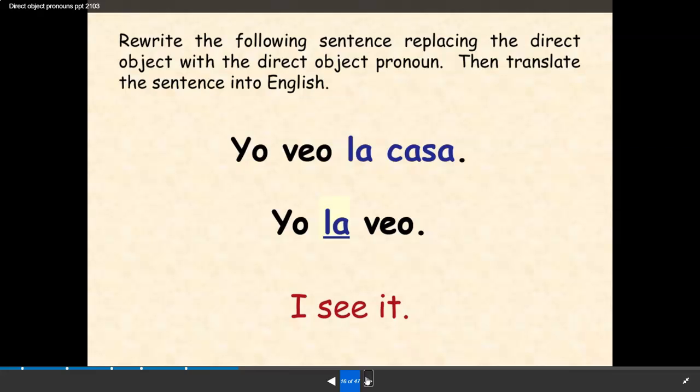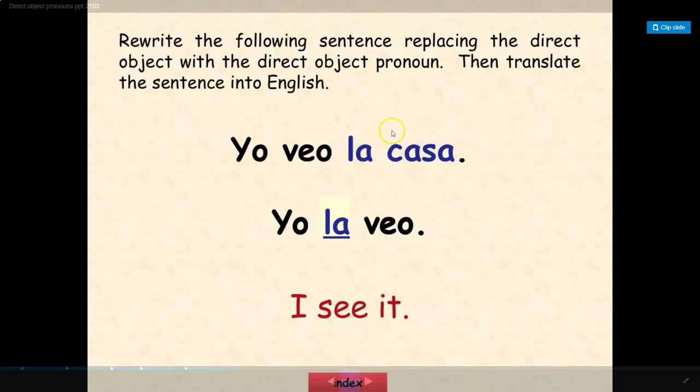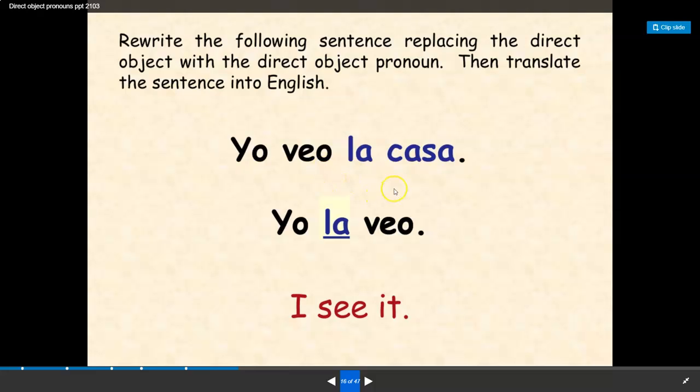So these are really just some practice activities with you guys replacing your direct object pronoun. Okay. Look at this one here. Yo veo la casa. I see the house. Now, as a non-native speaker, I have found it easier that if I look at whatever they put in front of my word, I'm normally going to use that as my direct object pronoun.